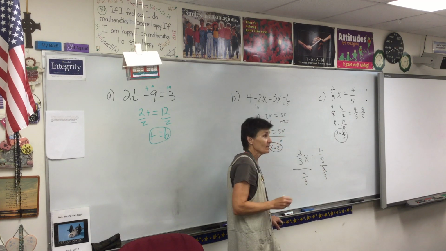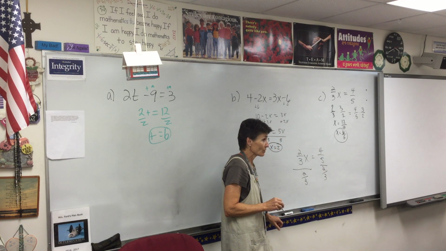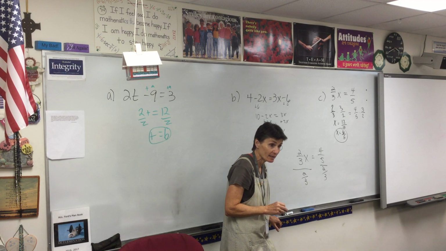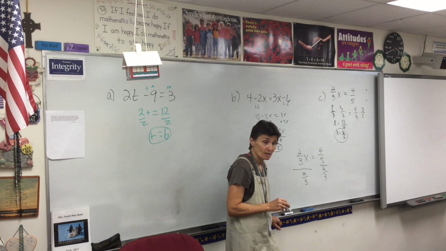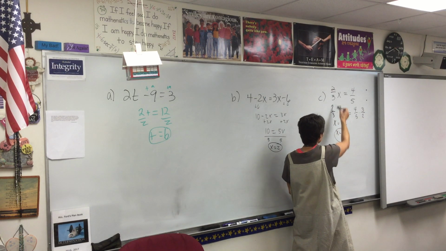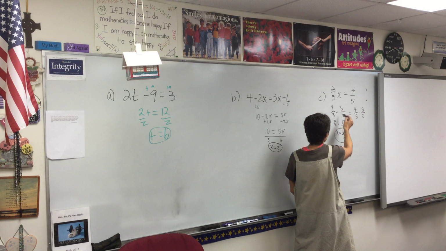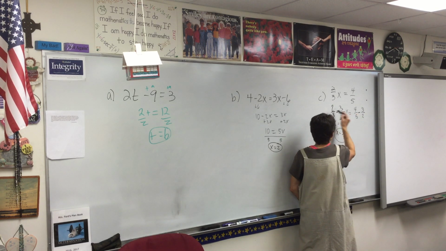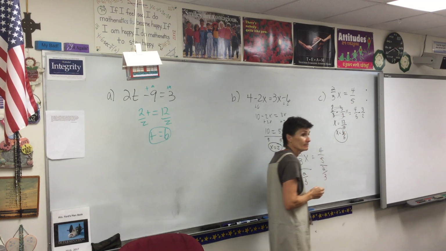But remember, division by 2/3 is the same as multiplying by 3/2. So she did not write all this out. She just said the only way to get rid of that 2/3 is to multiply both sides by 3/2, because then that all goes away.